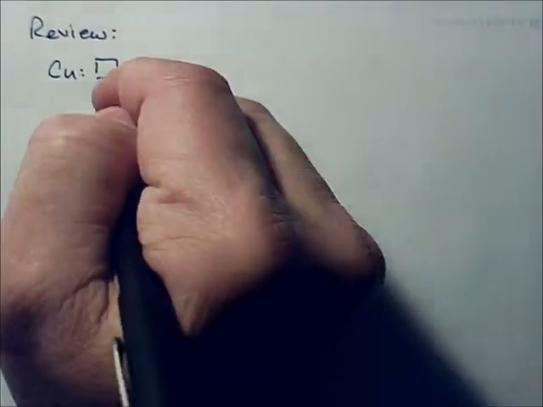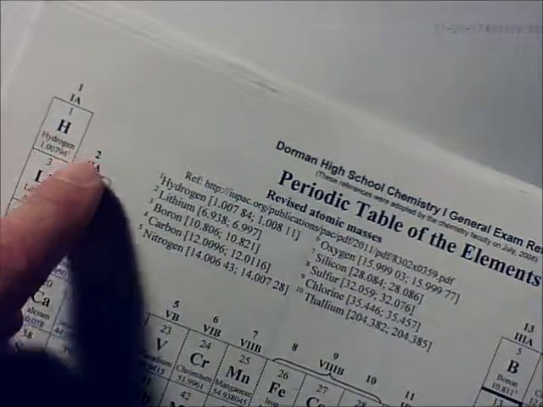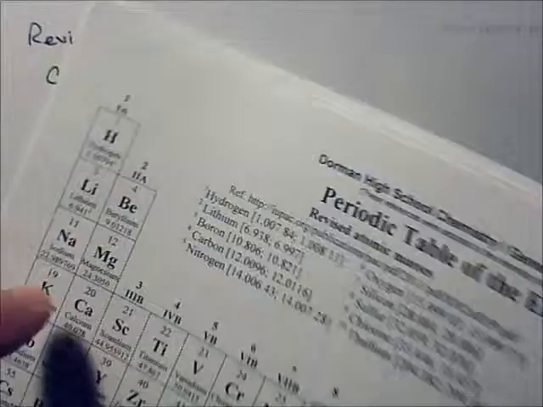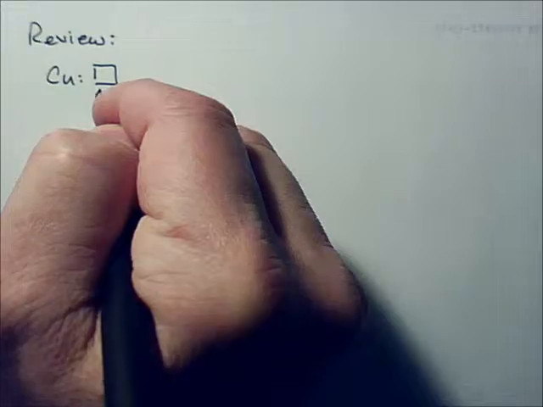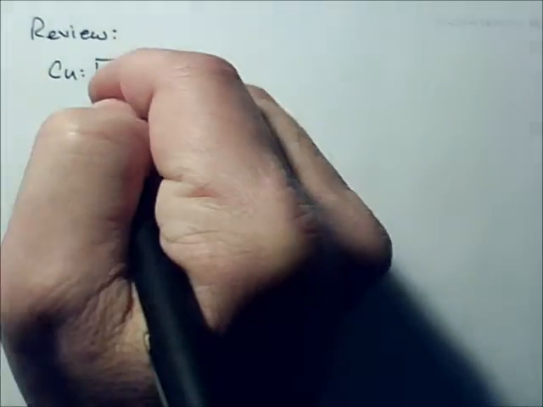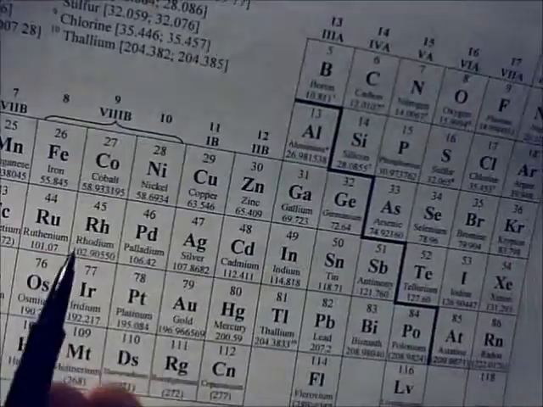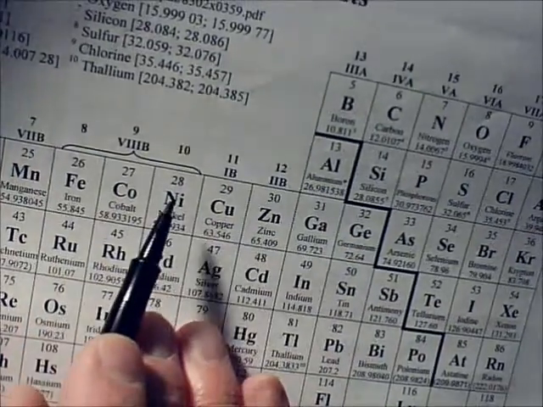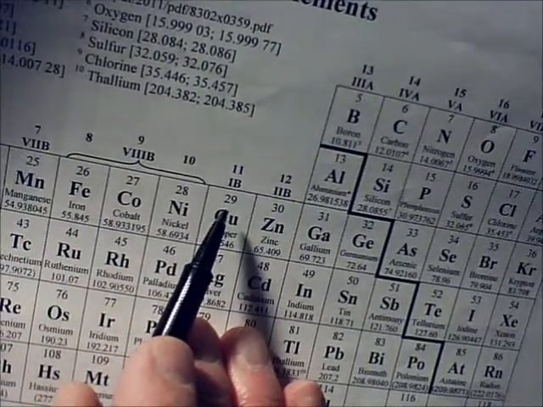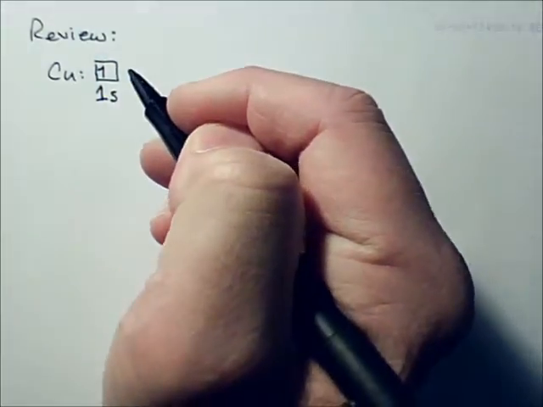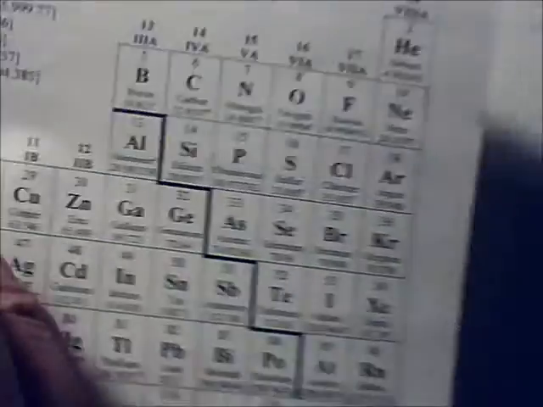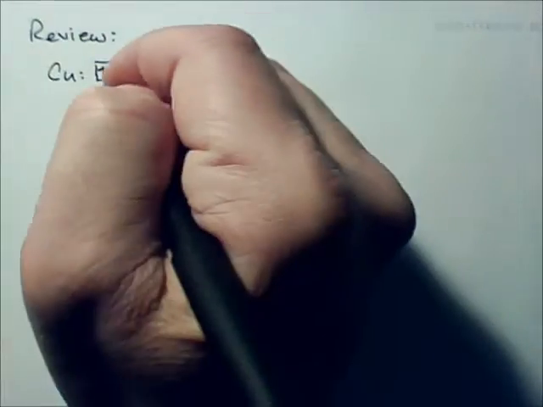So we start with row 1, and both hydrogen and helium here are in the S sublevel region, so the electrons there are in the S sublevel. And we're going to start out by putting, when we get done, we're going to have 29 electrons for copper. Okay? We're going to start out with the first 2. There's the electron that corresponds to hydrogen. And then we're going to put the electron that corresponds to helium.